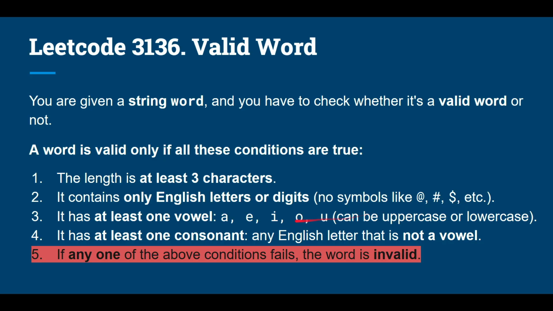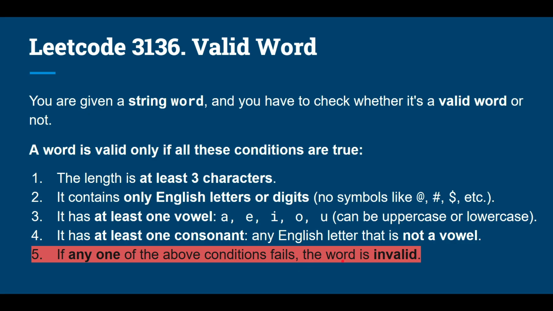It also should have at least one vowel, a, e, i, o, u, which can be in uppercase or lowercase. And the fourth condition is that it has at least one consonant, any letter in the English alphabet that is not a vowel. If any one of the above conditions fails, the word is invalid.